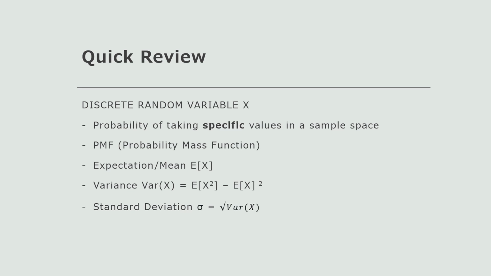First off, a quick review of the random variable. A random variable, often denoted X, is a variable that has probabilities of taking certain values in a sample space.